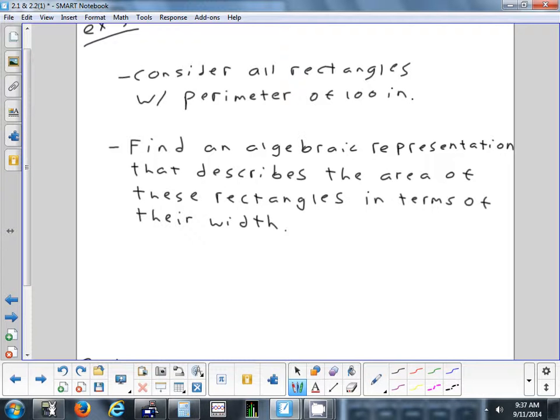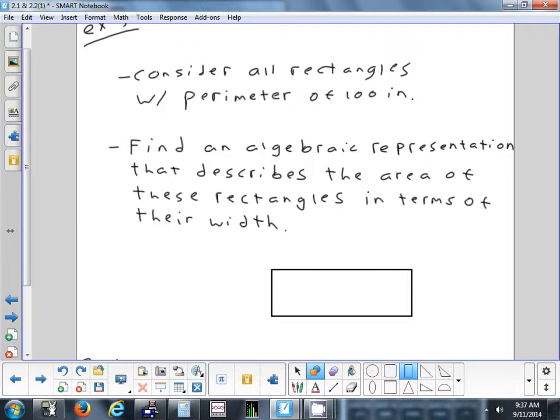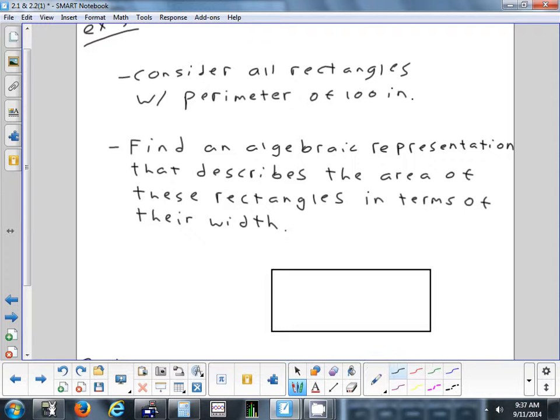Okay, so we did a problem pretty similar to this already. So there's my rectangle, and it has a perimeter of 100 inches. They want me to write a formula in terms of the width. So let's let that be the width.